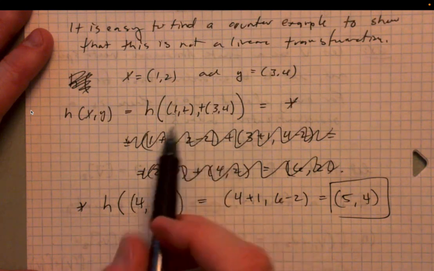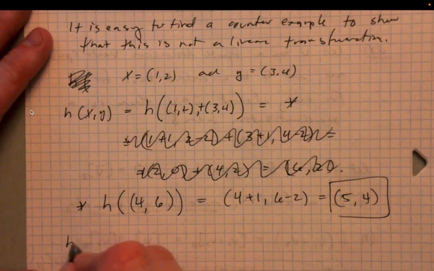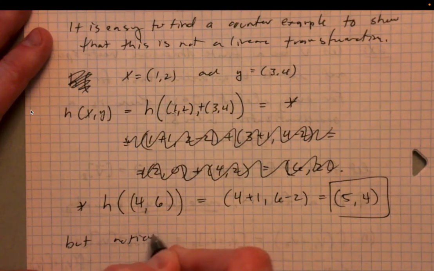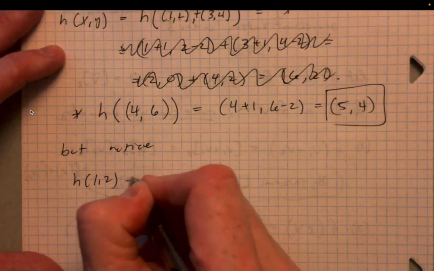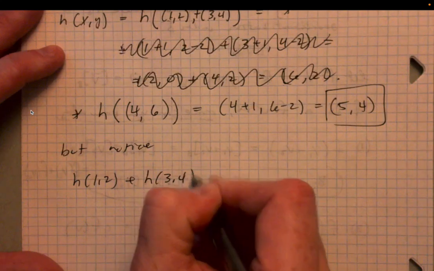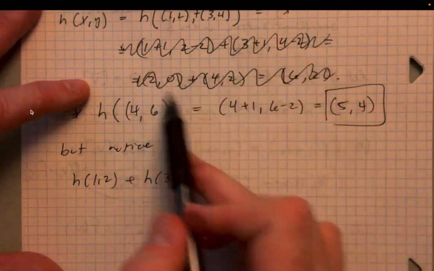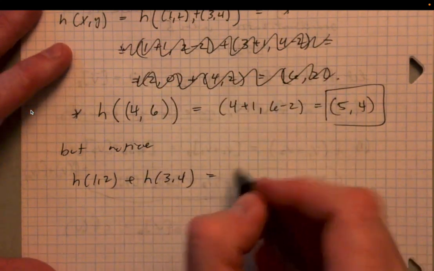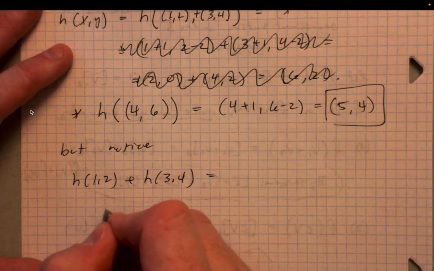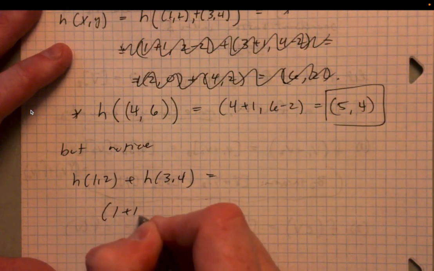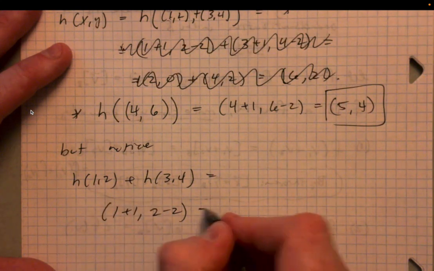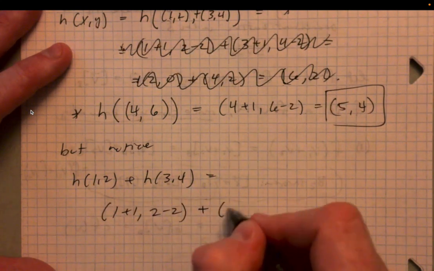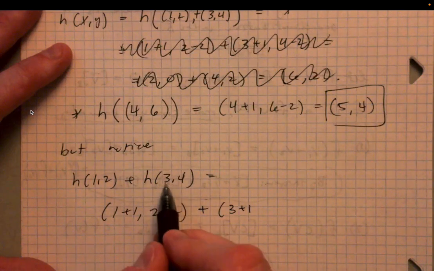If I apply them separately, notice that h of (1, 2) plus h of (3, 4), well, that's what we actually did here by mistake. So that is going to give me (1 plus 1, 2 minus 2), that's this one, plus (3 plus 1, 4 minus 2), that's this one.